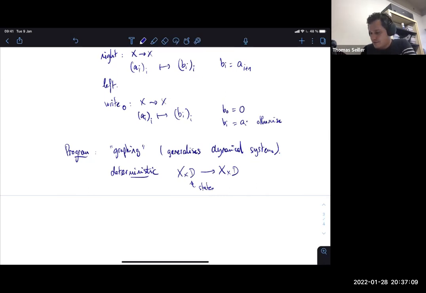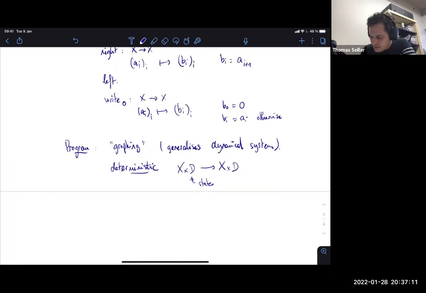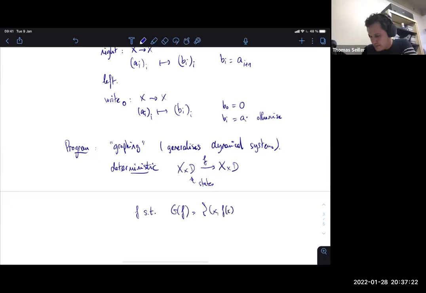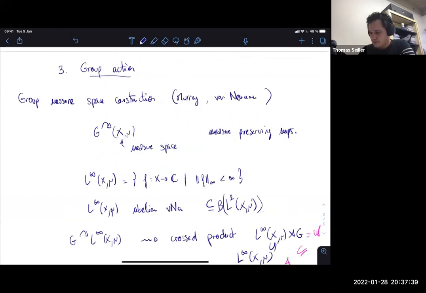So it's actually a dynamical system such that the graph of f, right? So the set of (x, f(x)), is contained in the set of (x, m(x)) for all m in the monoid. Oh, sorry.